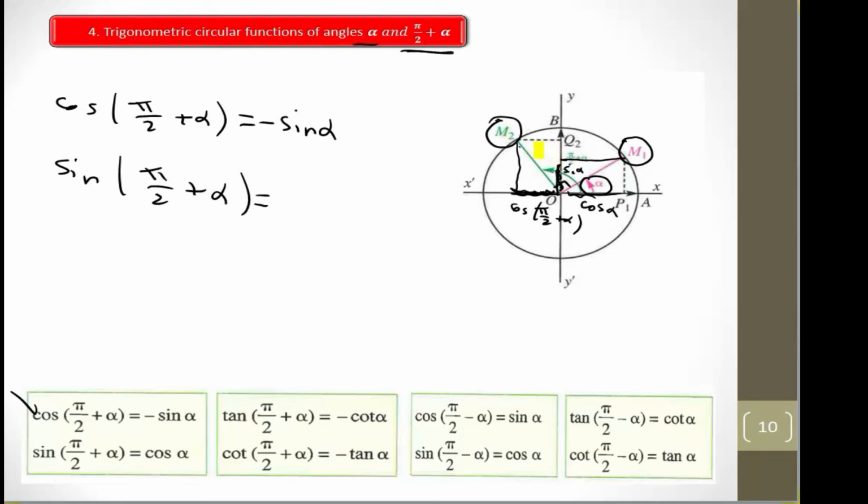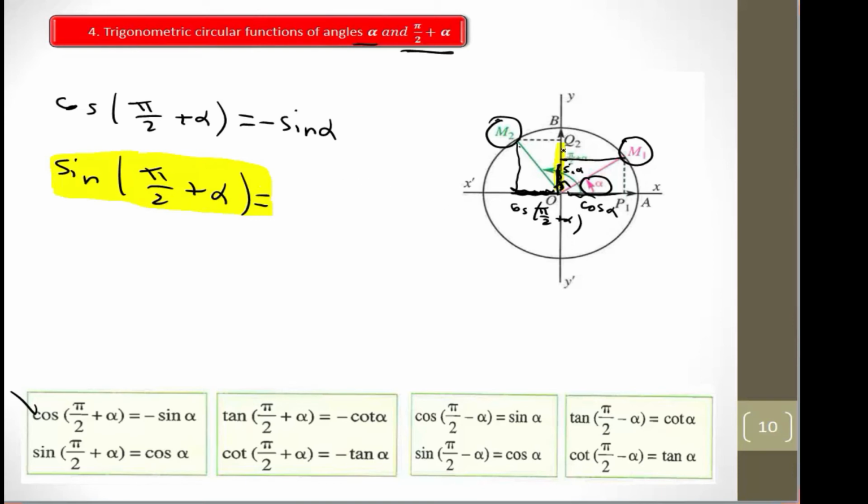Sine of pi over 2 plus alpha is somewhere in the trigonometric circle. Let's check, let's find, let's deduce. How do we find the value of sine pi over 2 plus alpha in terms of cosine or sine alpha?